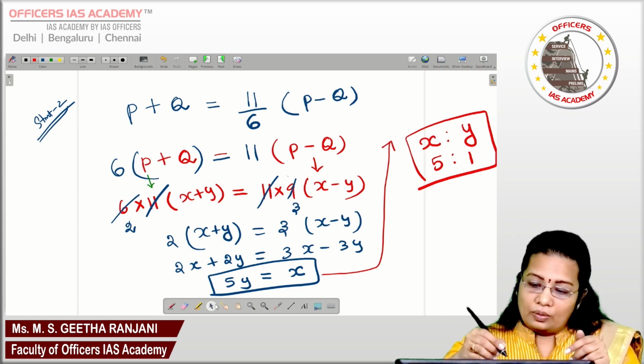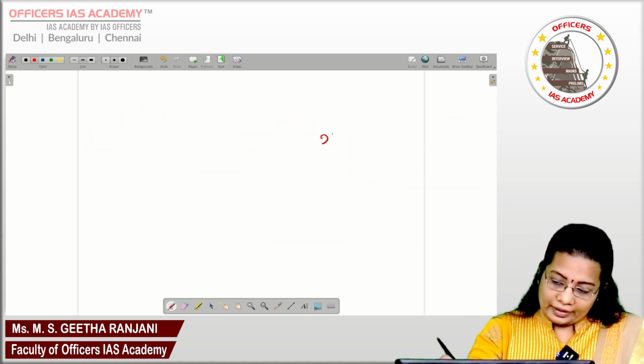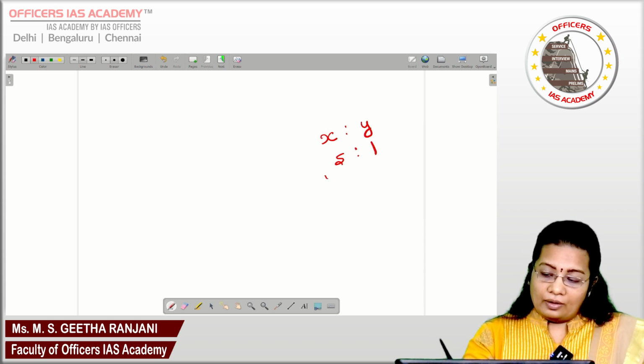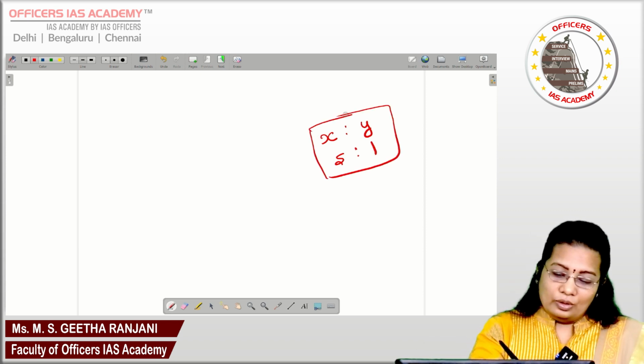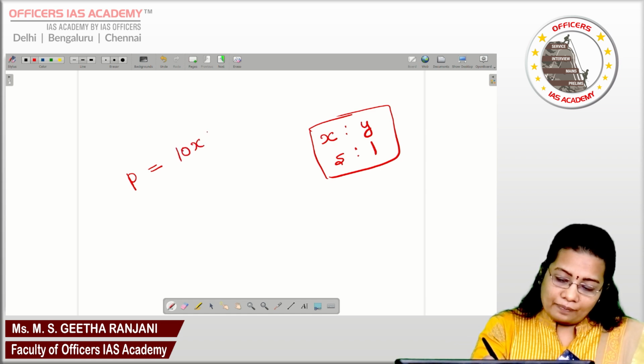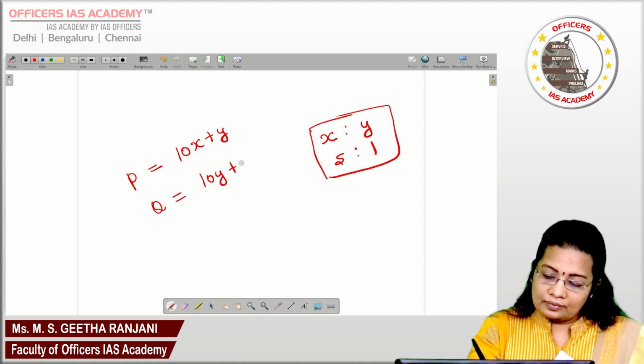Okay, now let's proceed. Just now we have seen x is to y, 5 is to 1, and they are denoting a single digit. P is made up of 10x plus y, and q is made up of 10y plus x.